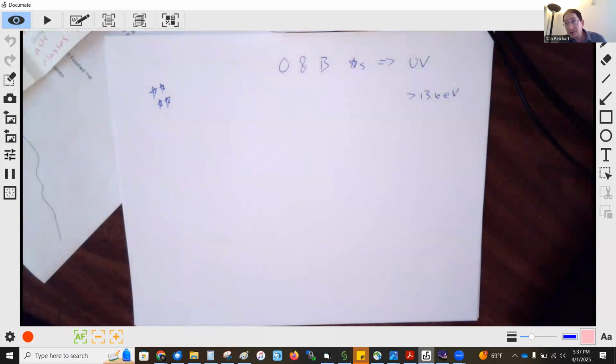Very simple. A proton with an electron in an orbital around it, at least in its neutral form. Proton and electron together. But you dump a 13.6 eV photon in there, and it can kick out the electron and ionize it. So O stars and B stars are spitting out a lot of ionizing ultraviolet photons.